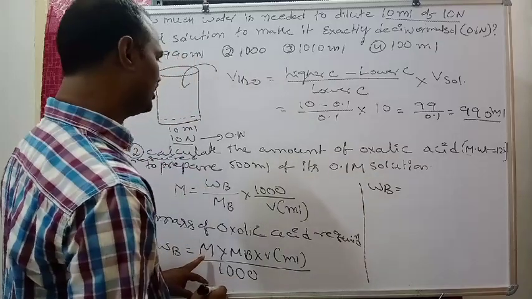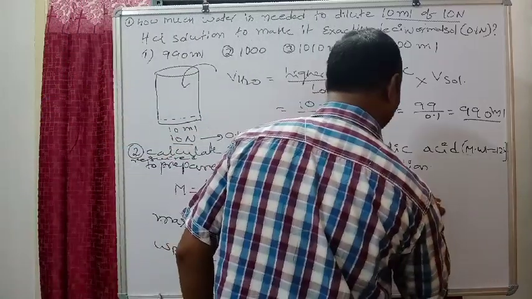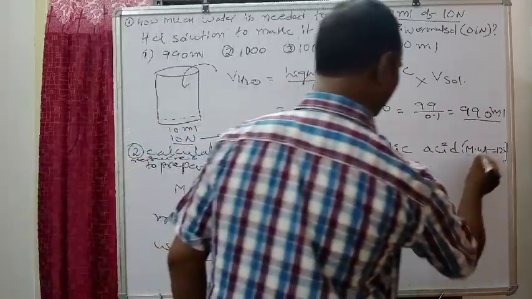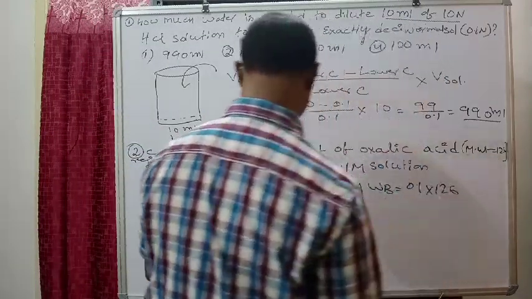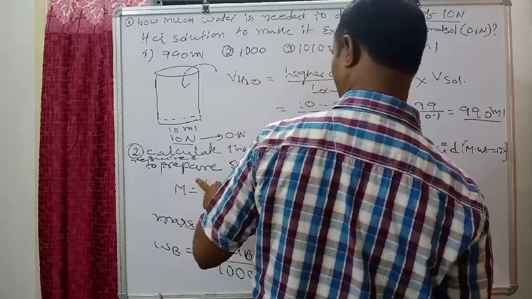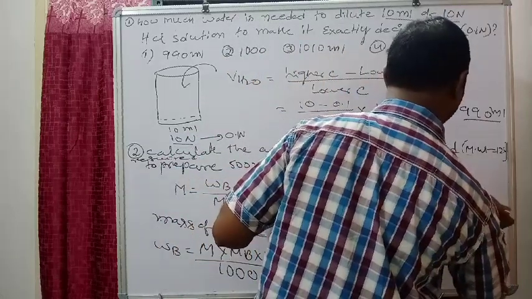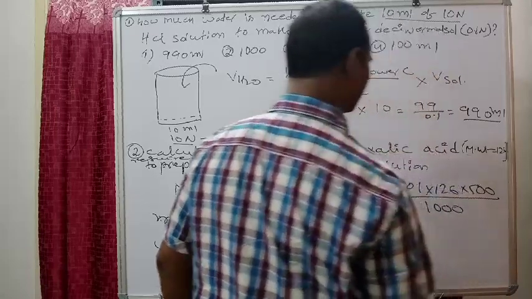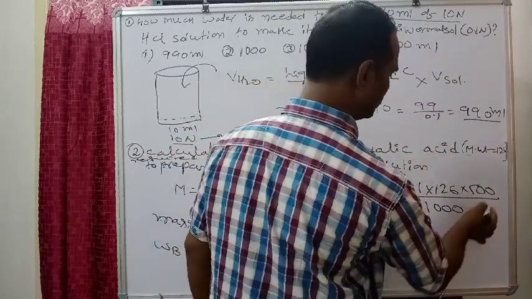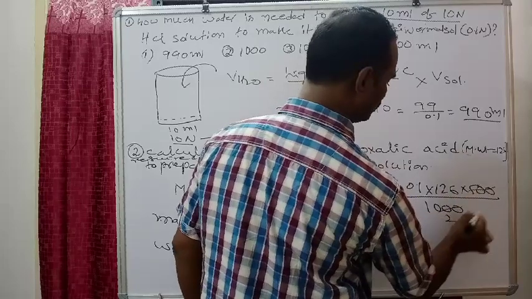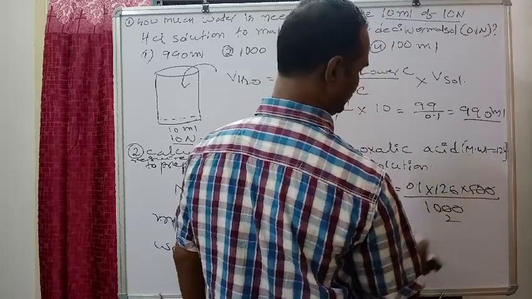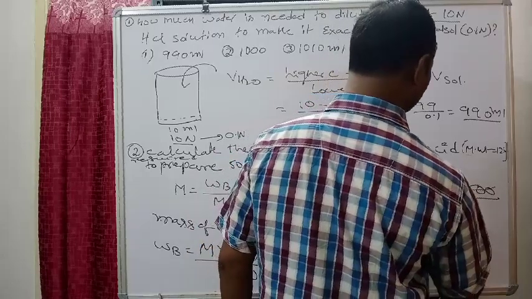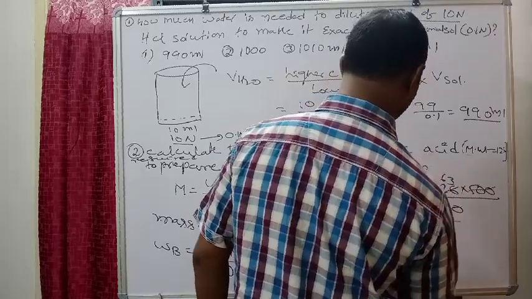Okay, molarity, how much is given? 0.1 M into molar mass of solute 126, volume how much is given? 500 ml, all by 1000. It becomes 500 ones are 500, 500 twos are 1000, 126 by 2 becomes 63 into 0.1.